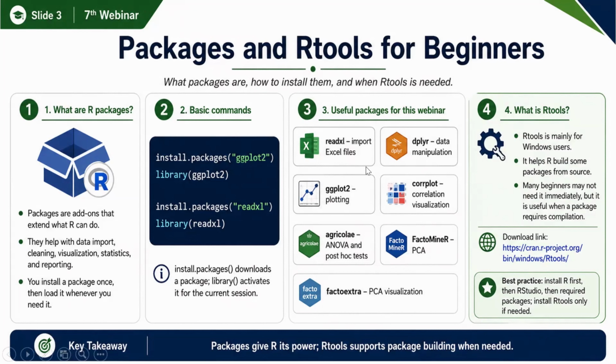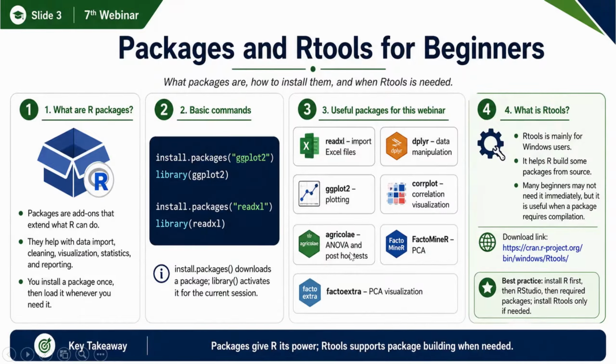This analysis will be made possible using a package known as readxl, then dplyr for data, three, ggplot2. All these are packages. Four, corrplot, a short form for correlation plot, for correlation visualization.